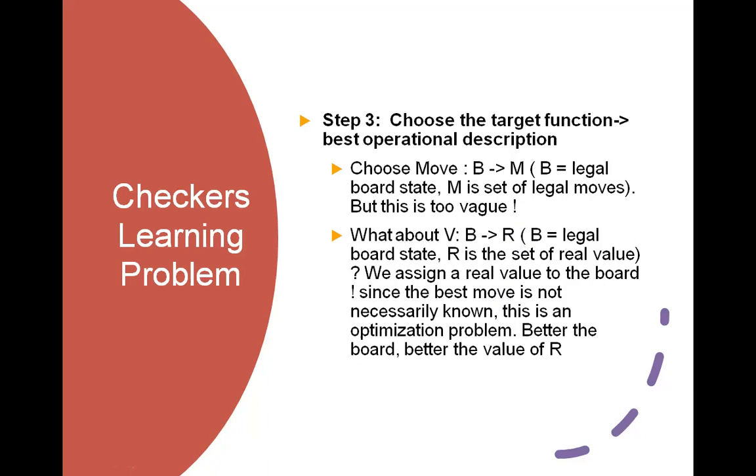If you are in a particular board state and you make some particular move, what value are you going to get? The best move means whichever returns the highest value. Like that, we can train the system to play against humans or to play against itself.